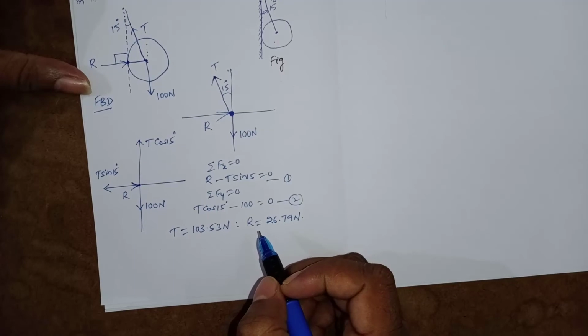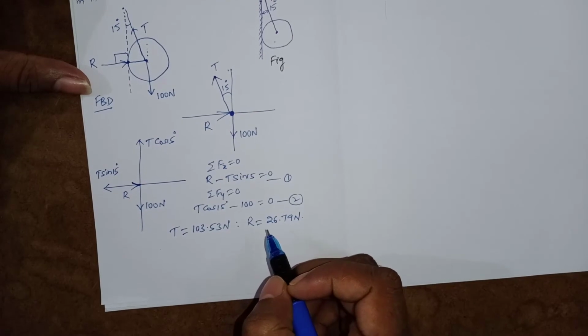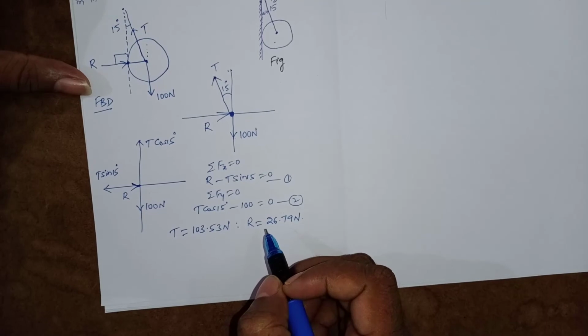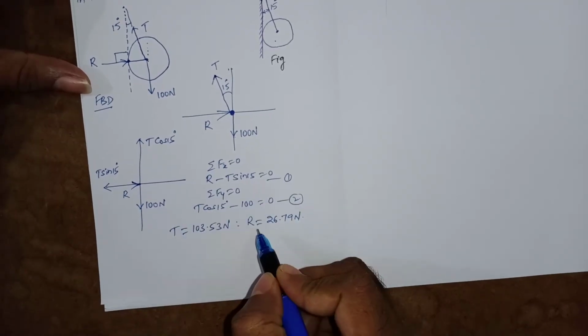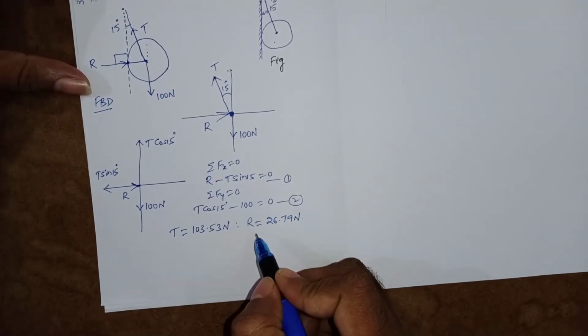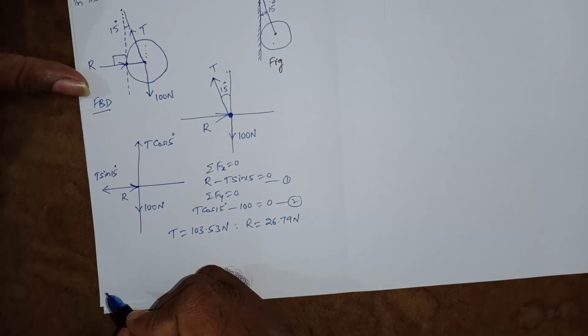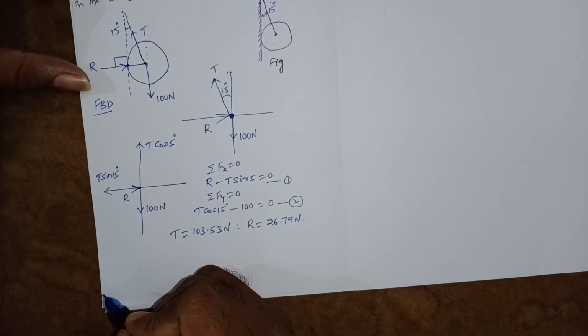And if you are substituting R values, we need to substitute whatever value we get. That is, if we get R equal to plus 26.79, then substitute plus 26.79 in that equation. And if we get R equal to minus 26.79 Newton, then substitute minus 26.79 Newton in any equation when you are solving for the other unknowns. So this completes the problem.